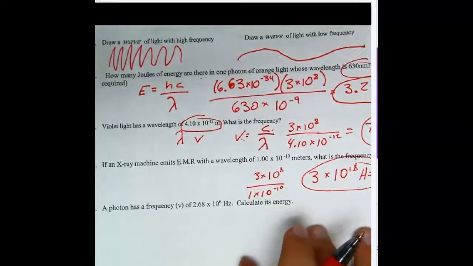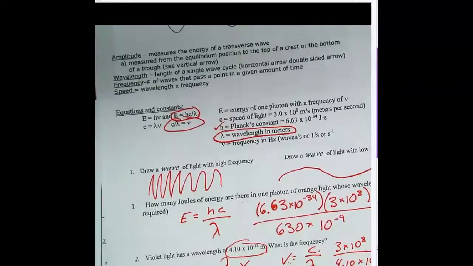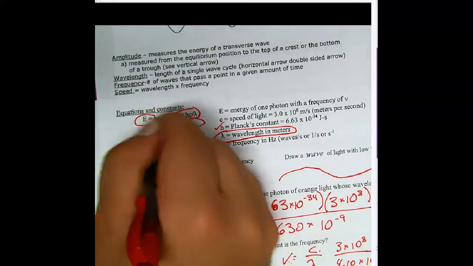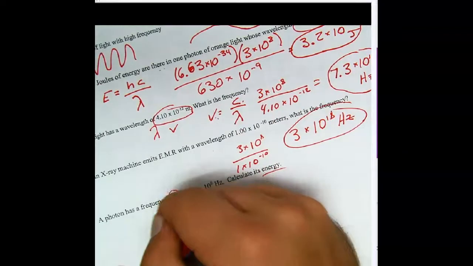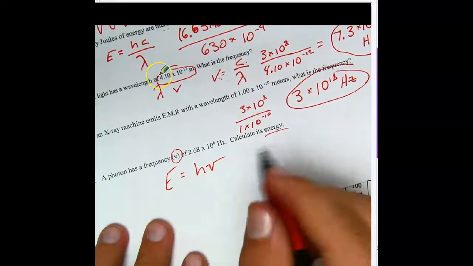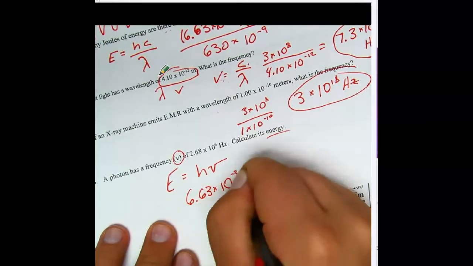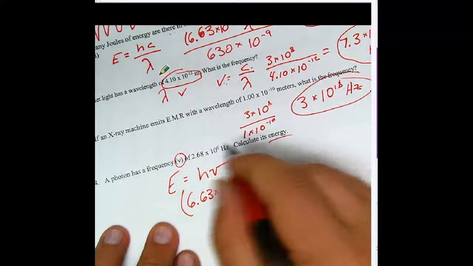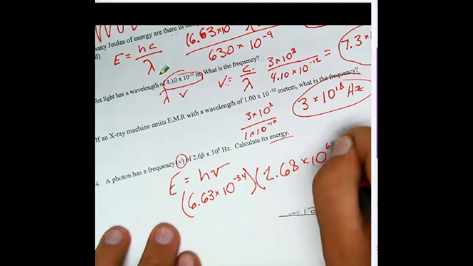Okay, next one gives me frequency, V, and I'm solving for energy. That means I can use this equation: E equals HV. So I'm going to write this at the bottom. E equals HV. I know what H is. That's 6.63 times 10 to the negative 34th. My frequency is given right there, 2.68 times 10 to the 6th.